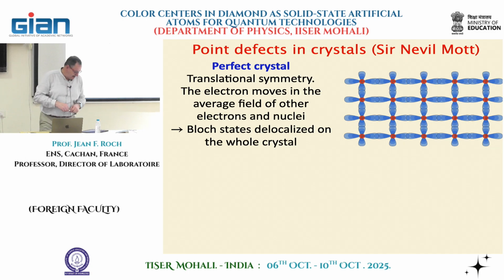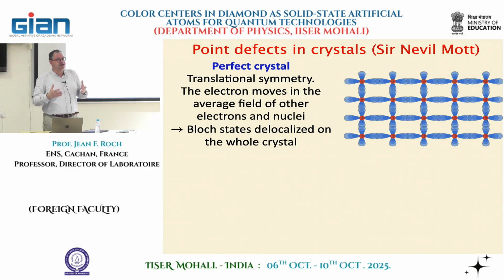The electron moves in a mean field created by the nuclei of the lattice and the other electrons. This motion is associated to a delocalized wave function that respects the translational symmetry of the crystal, and this is the Bloch state, again delocalized on the whole crystal.